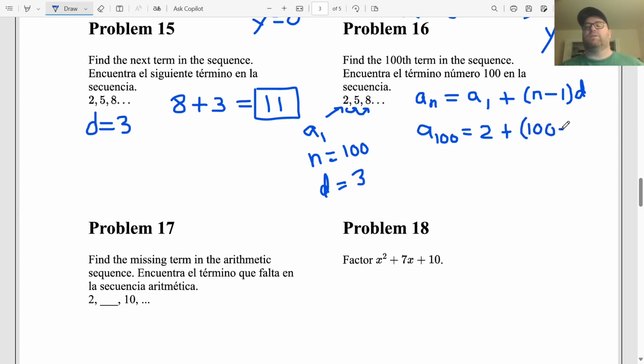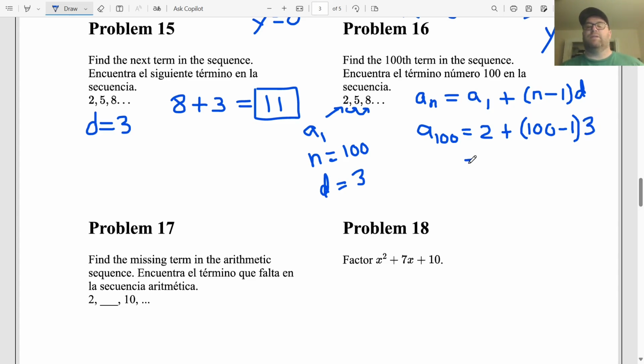And the reason that works is, you don't add the common difference for the first term, but to get to the second term, you add it once. To get the third term from the first term, you add it twice. That's why we have the minus 1 there. And then we're going to multiply that by 3.